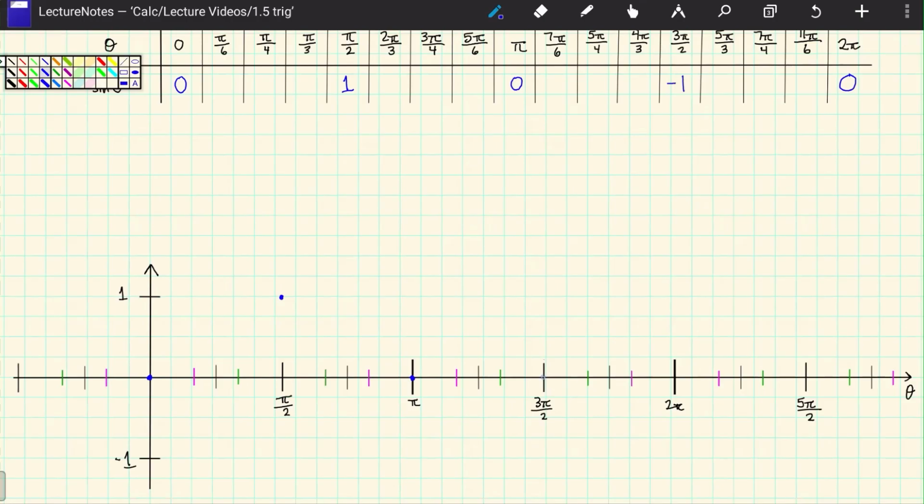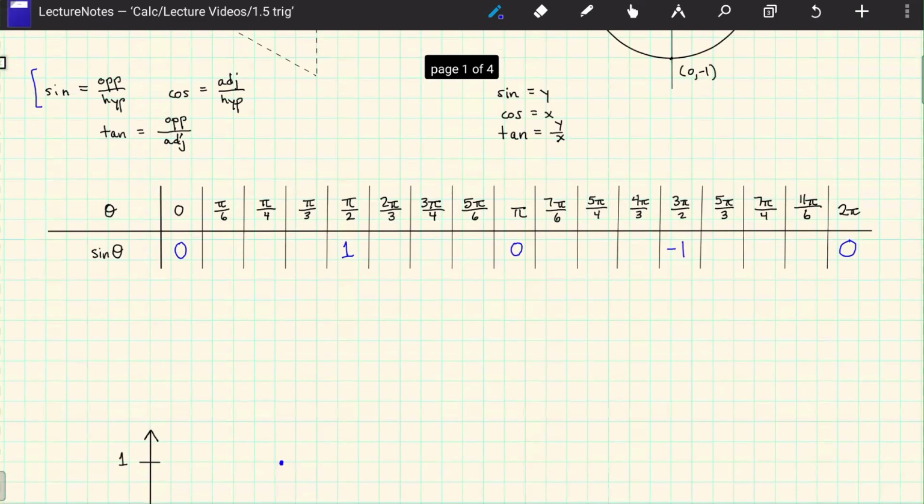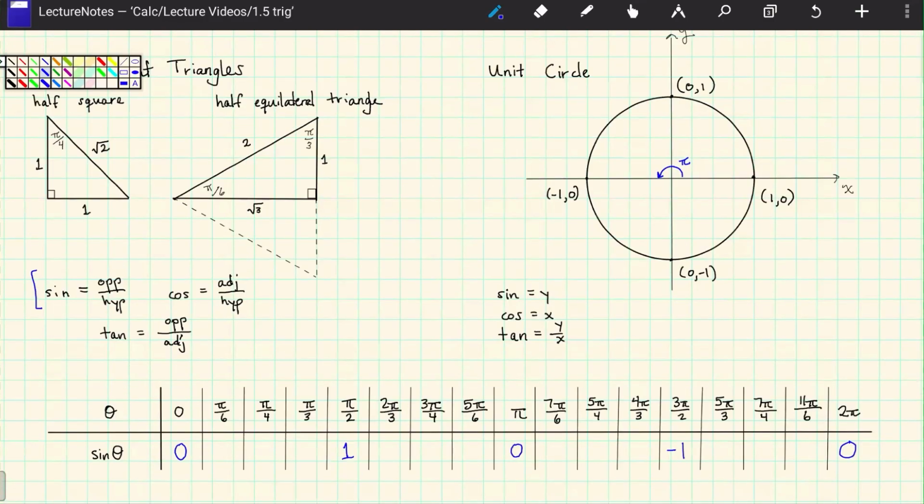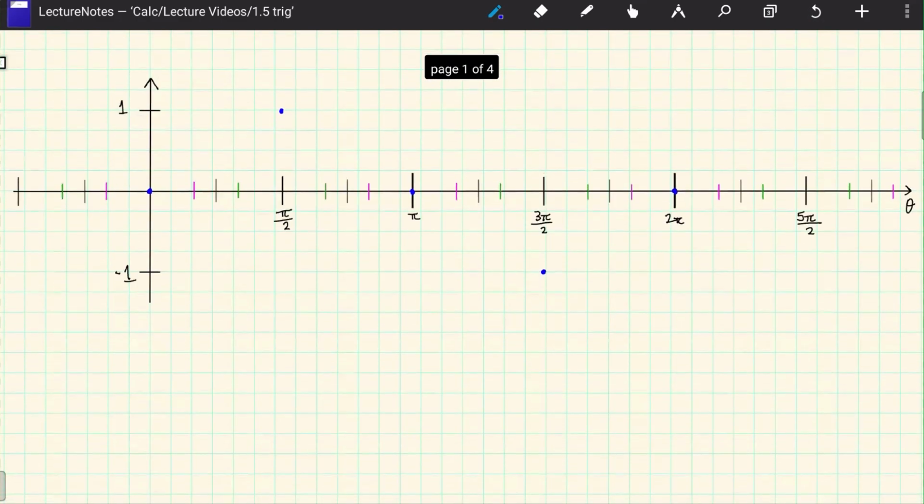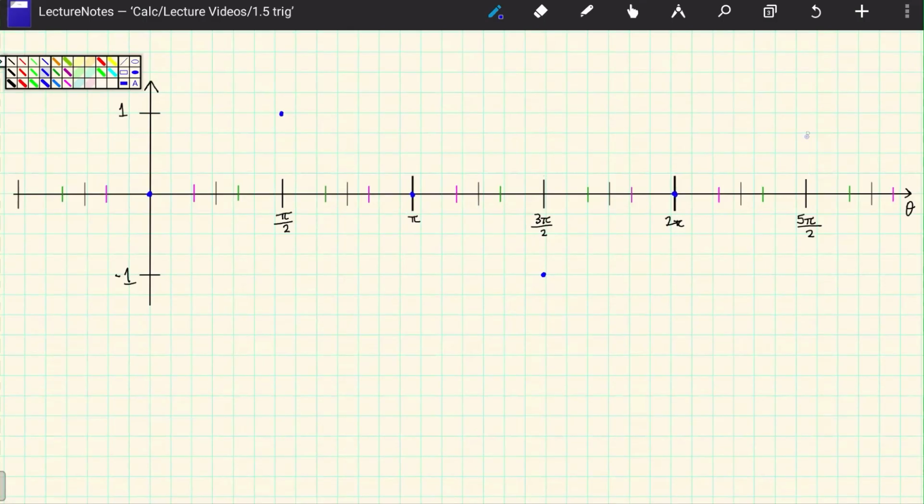When the angle is 3 pi over 2, the y-coordinate is negative 1. And when the angle is 2 pi, the y-coordinate is 0. And then we start to repeat ourselves at 5 pi over 2. That's now here. Then the y-coordinate is going to be 1 again.